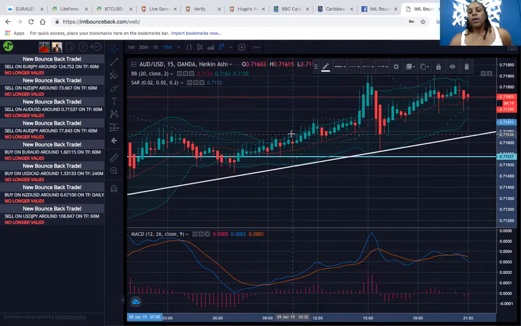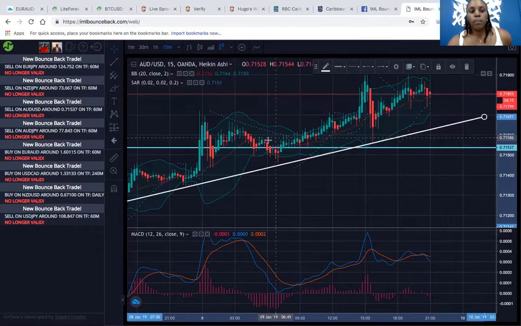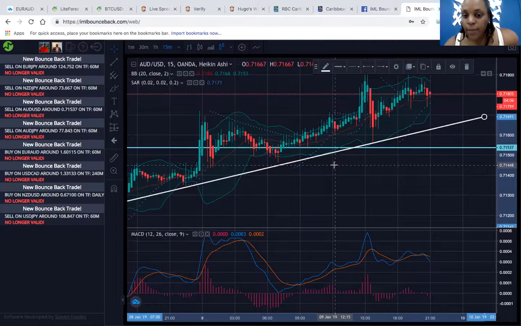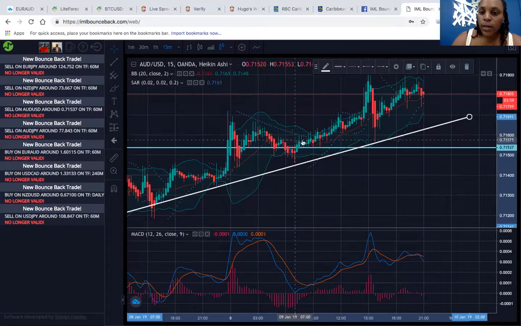So I know persons would have gone into this and are still waiting for it, but this trade never crossed the zero line. So therefore, it has not yet activated our confirmations. It has never broken the trend line, and neither did it cross the zero line on the MACD. So you guys should not have entered into this.